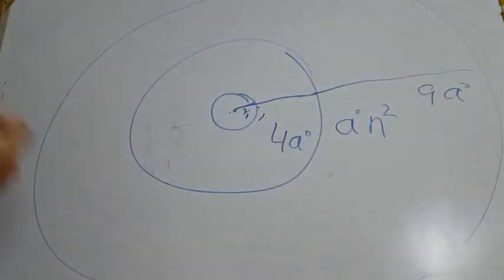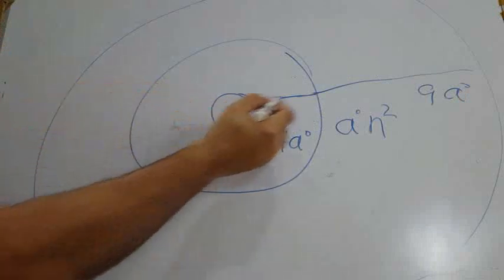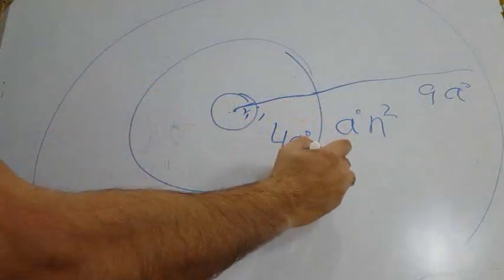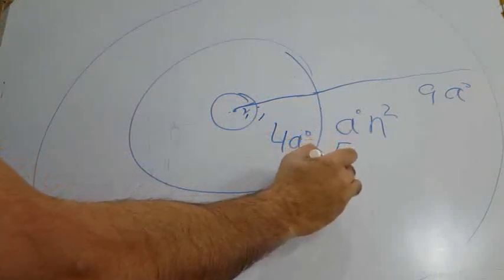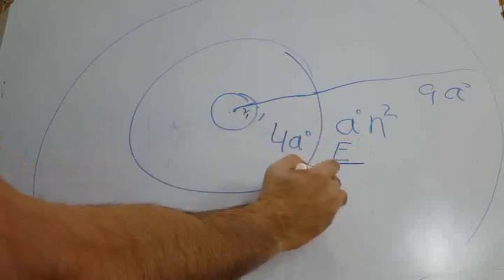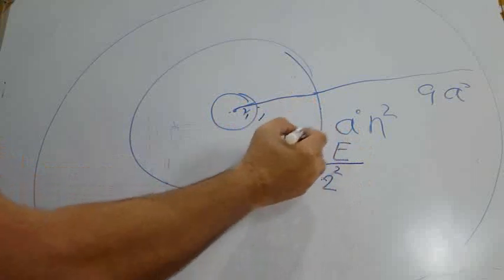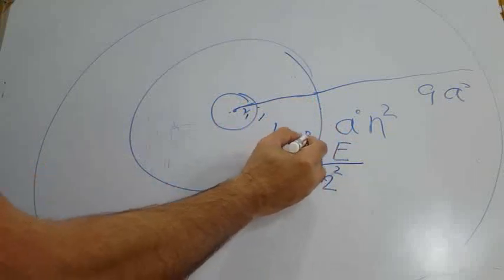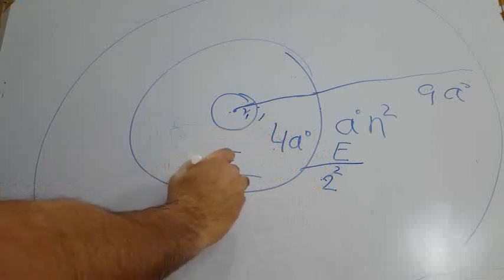Similarly, the energy in the second orbit is the initial energy, that is Rydberg's constant, divided by the square of n. Means if it is 4A0, then the energy gets 1 upon 4th.